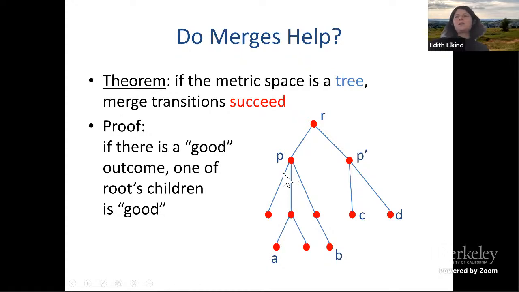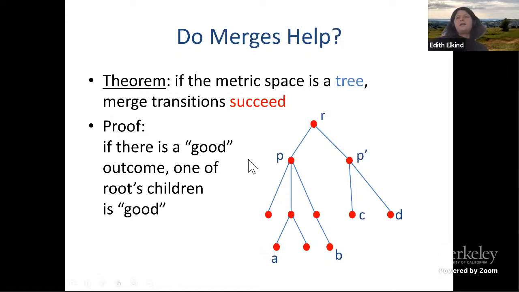Because if you think about this proposal P, then everyone who sits in the tree rooted at P actually prefers P to R. So all agents sitting in various collisions in children of P, any pair of these collisions can have a merge transition where they form a compromise around P.